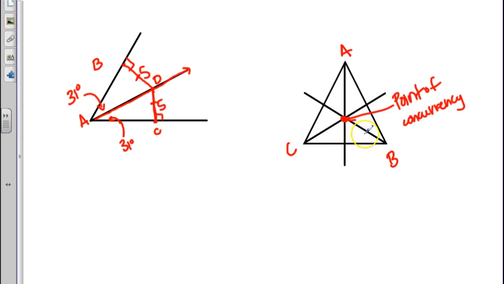Cool things happen when more than two lines intersect, and these are called the incenter. So where three angle bisectors intersect is called the incenter. And this really talks about a circle being inscribed in a triangle. And we'll talk about that a little bit when I see you again. And then the other one is a circumscribed circle in a triangle. So we'll look at that. That's pretty fun. Pretty good stuff.